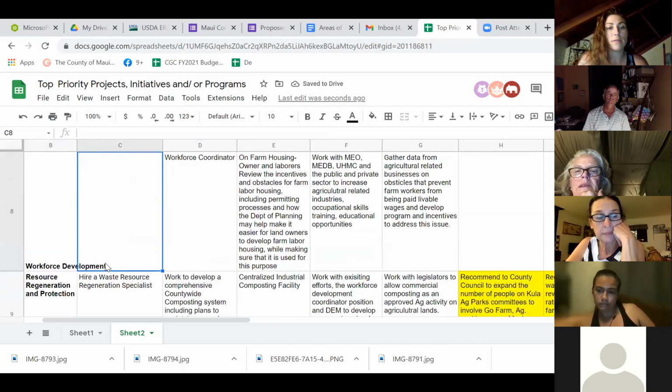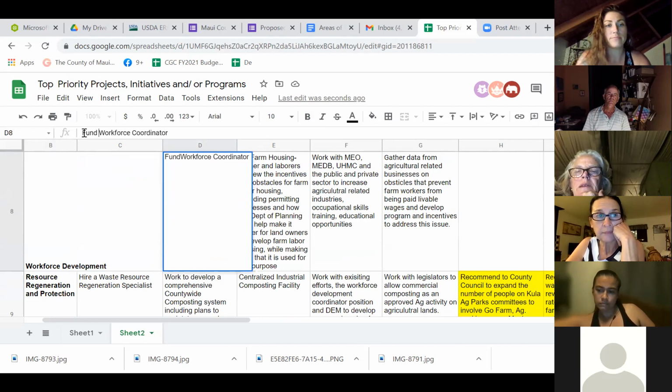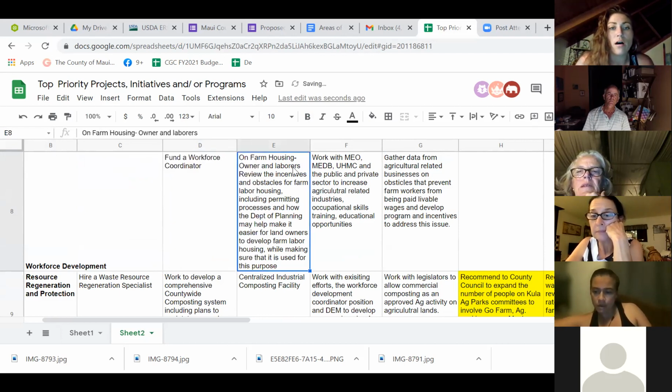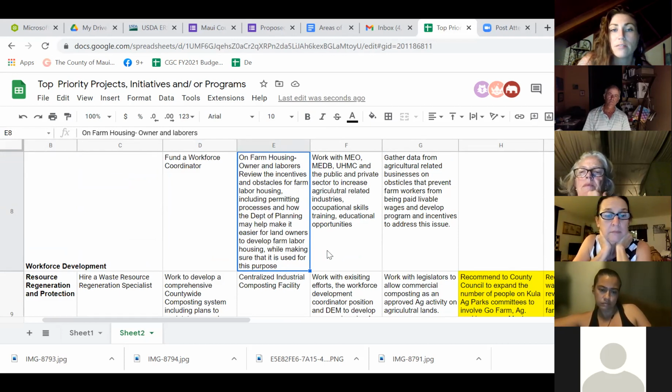Okay, workforce development. So I guess we've got fund a workforce coordinator. On-farm housing for owners and laborers: review the incentives and obstacles for farm labor housing, including permitting processes and how the Department of Planning may help make it easier for landowners to develop farm labor housing while making sure that it's used for this purpose.